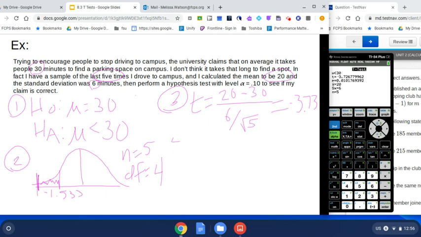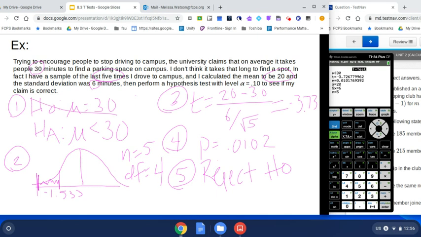Step number 4, my p-value from the calculator is 0.0102, rounded to 4 decimal places. That is an extremely small probability, and since my test statistic is falling inside the shaded region, we're going to reject the null hypothesis.